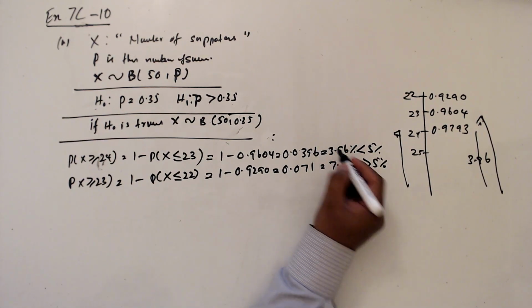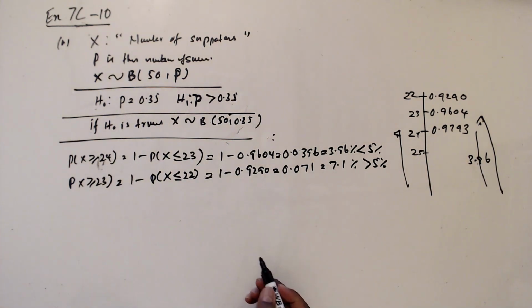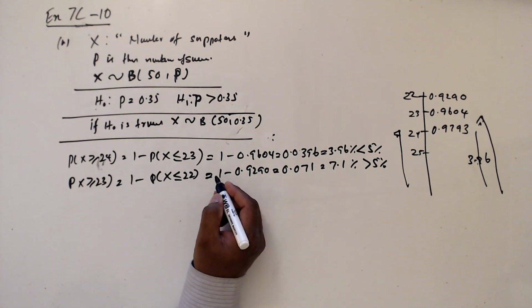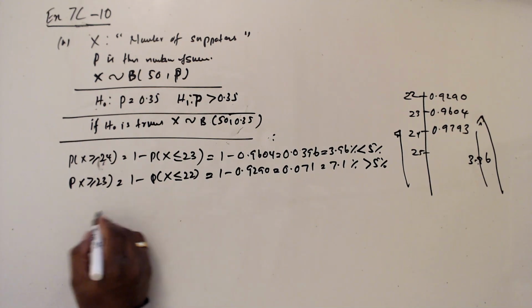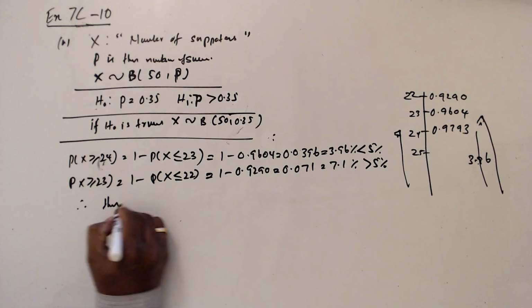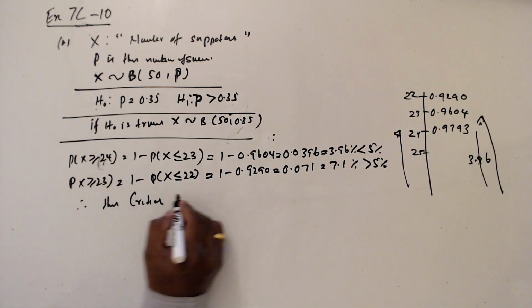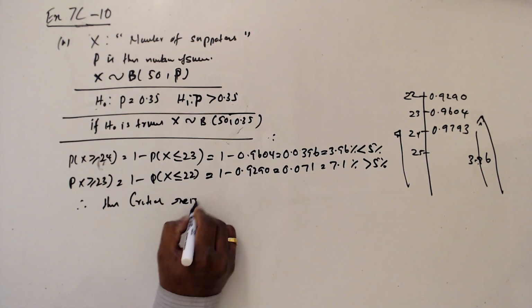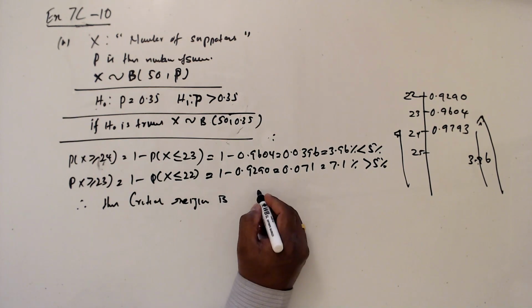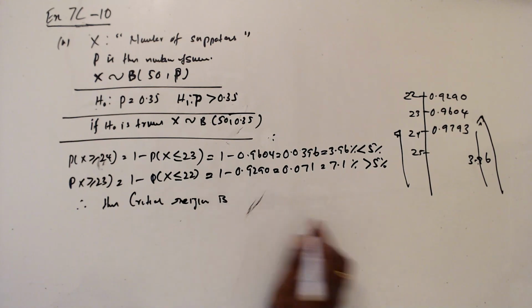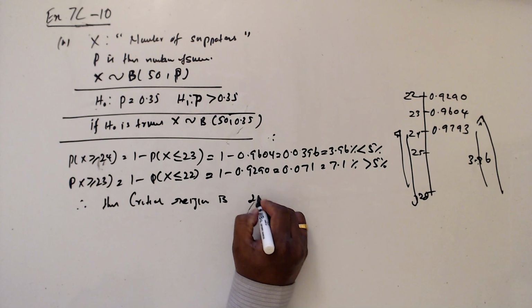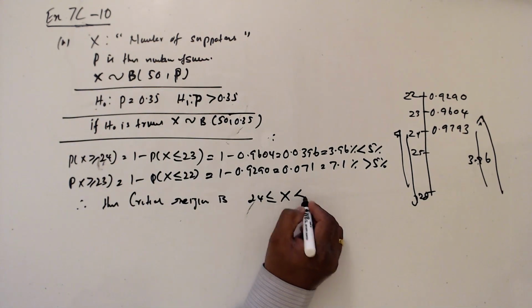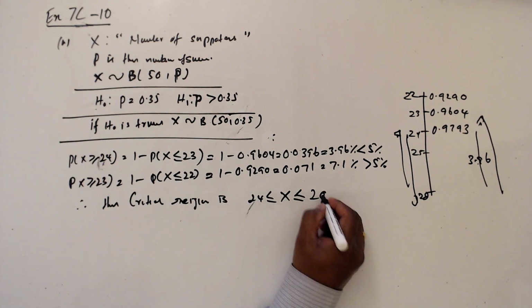So we have to stay with 3.96% since this is one tail. Hence the critical region is from here up to 50: 24 less than or equal to X less than or equal to 50.